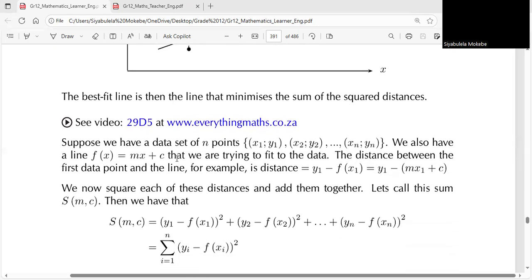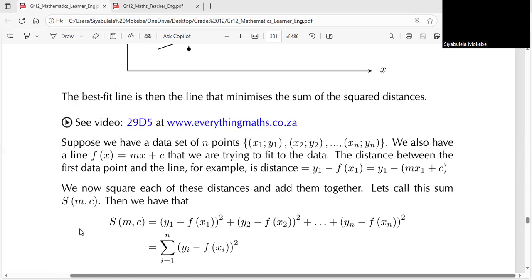Suppose we have a data set of n points. We also have a line f of x equals mx plus c that we are trying to fit to the data. A distance between the first data point and the line, for example, is y sub 1 minus f of x sub 1. We now square each of these distances and add them together.